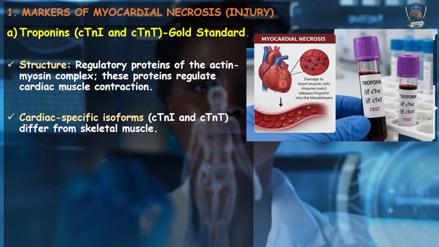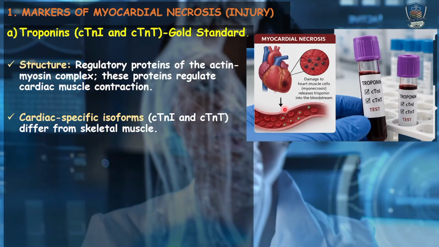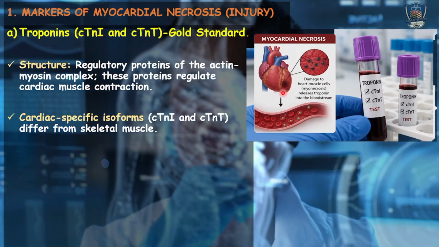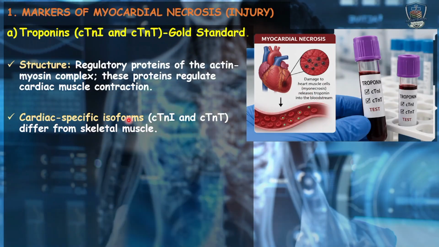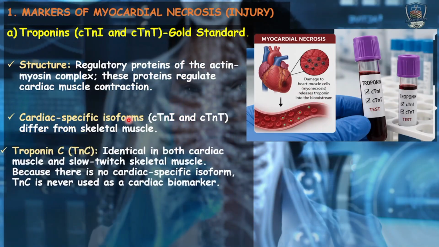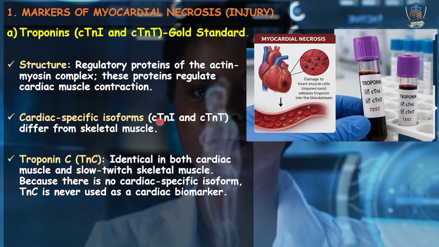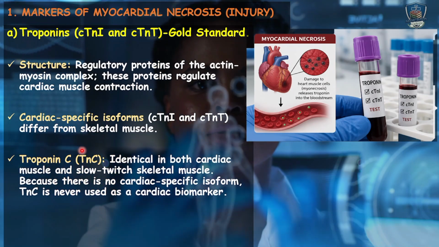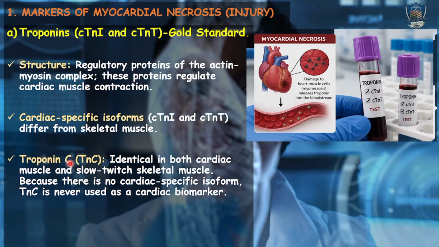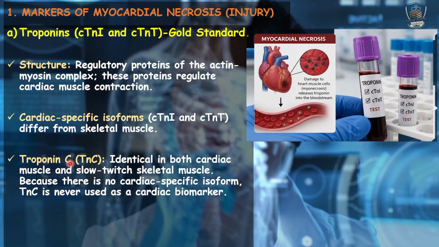Ischemia will lead to necrosis or muscle damage. So when that happens, troponin will be released, and it helps us diagnose something that is wrong with the heart. It's actually a gold standard when it comes to diagnosing heart muscle injury.